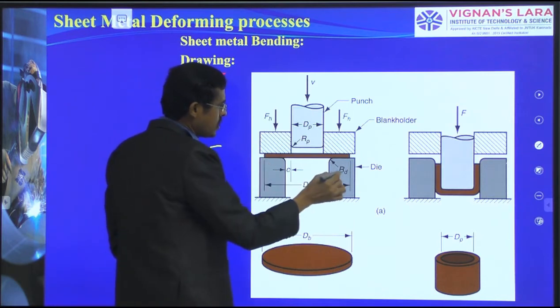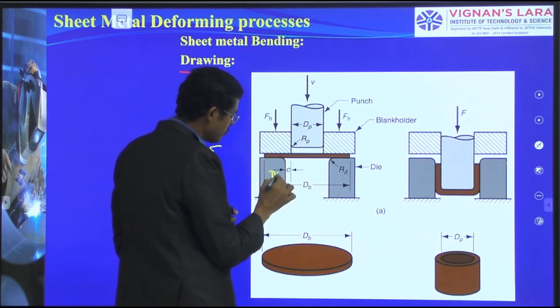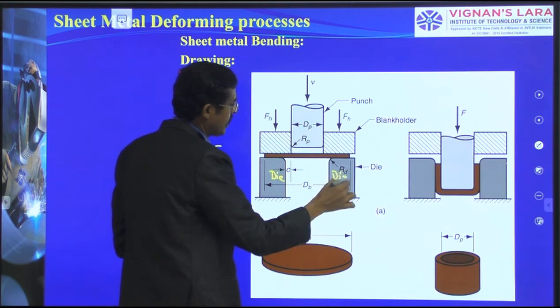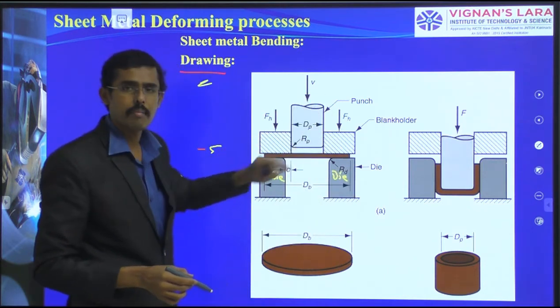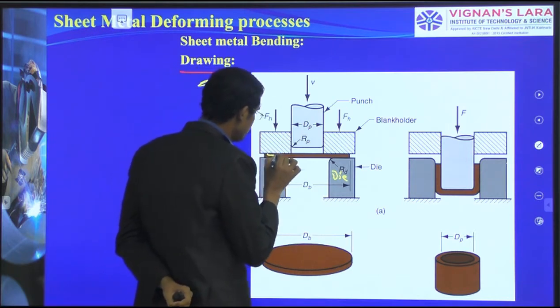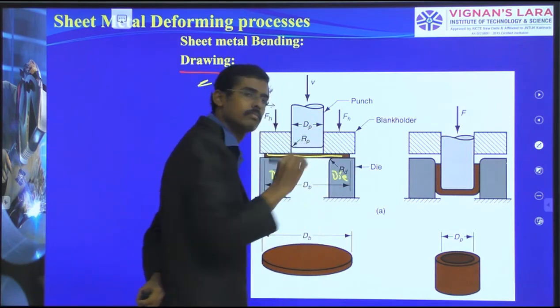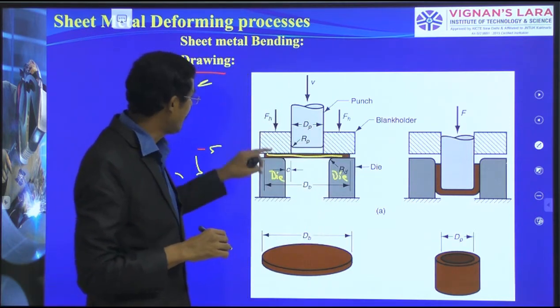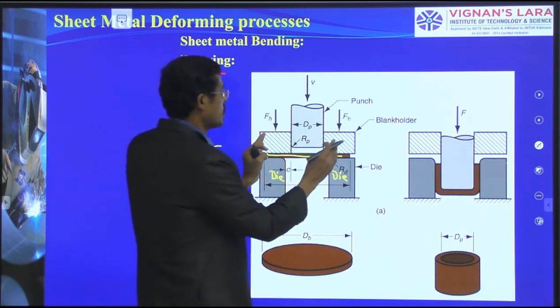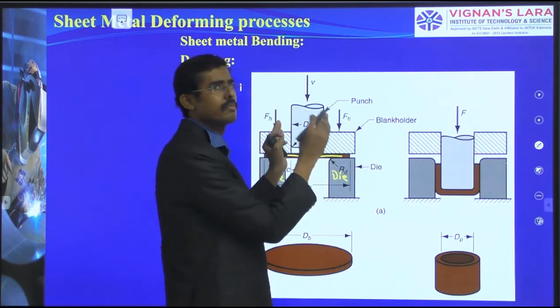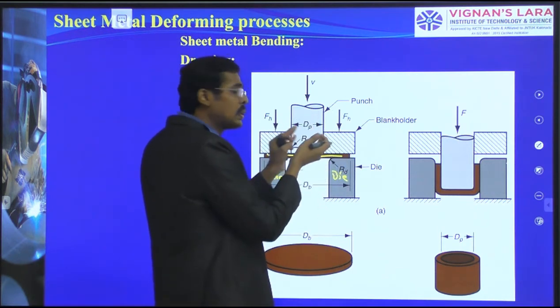I have taken the dies as usual. A die has been kept, and I have kept the sample in between. After this, I want to use the support of pads, or else the die too we can keep.